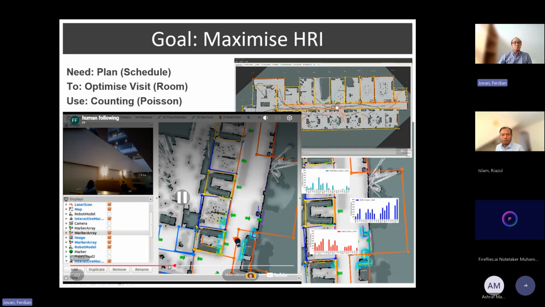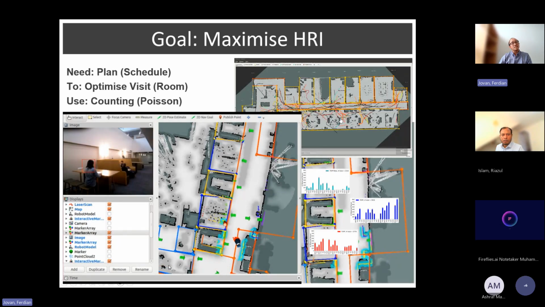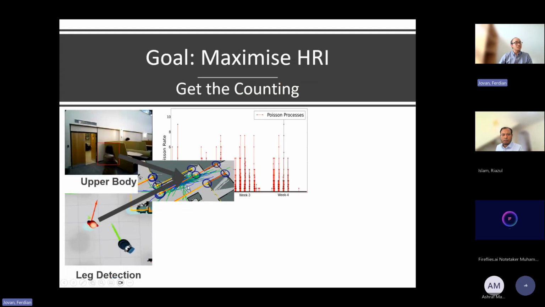From this you have a boundary area, and every time this line is inside of it, it's counted as one. So you have upper body detection and predefined areas, and when the line is in that area, it's counted as one. At the end, what the robot sees is a bunch of lines in terms of numbers. So the signal is basically just numbers, like the number of people in that area at that particular time.